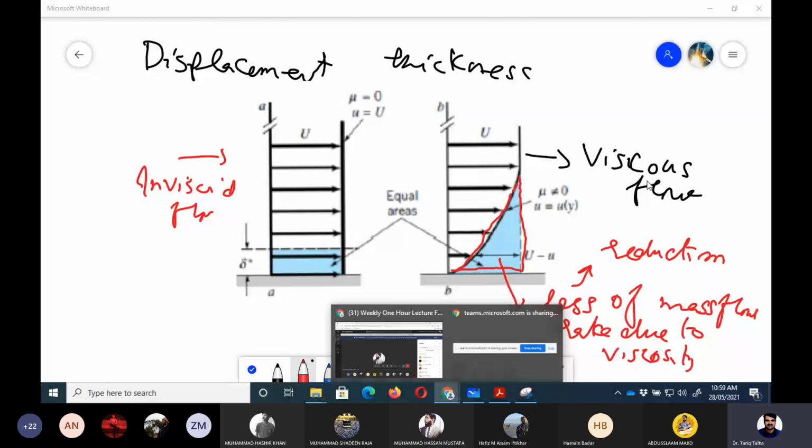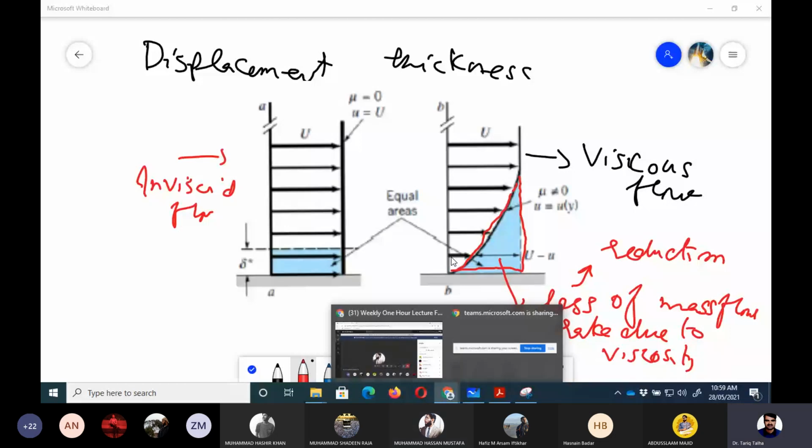Because here you can see the velocity is less on the right hand side. Can you see, Mustafa? Yes, sir. So if the velocity is less, then the mass flow rate would also be less. Is that right? Yes, sir.